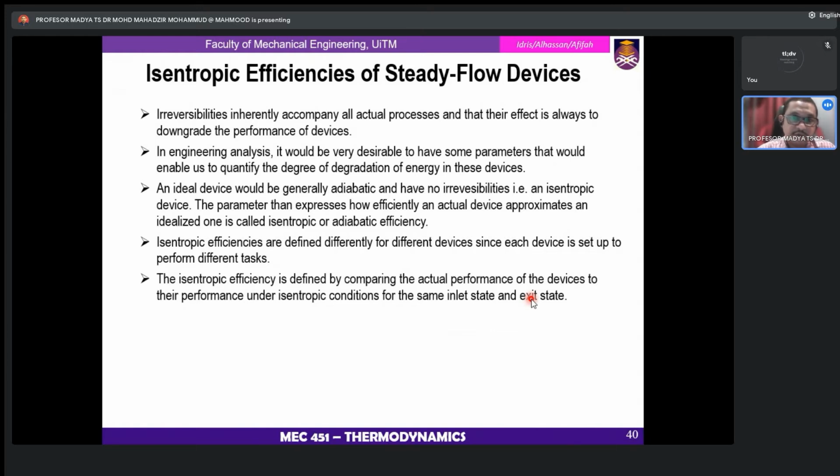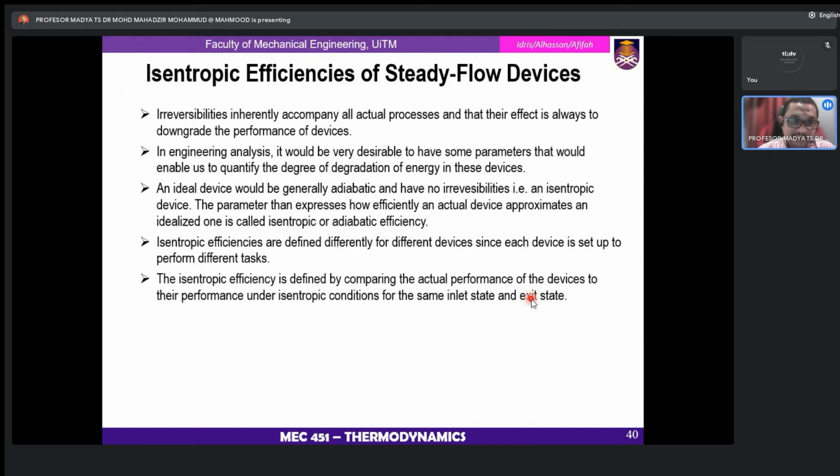Okay, when you see the isentropic efficiency or adiabatic efficiency, it means that is the parameter that expresses how efficiently an actual device approximates an idealized one.